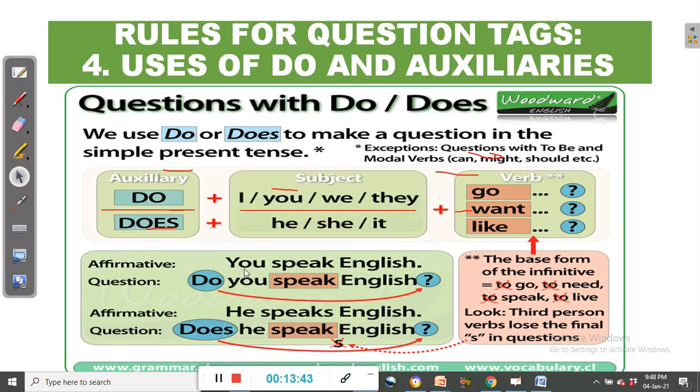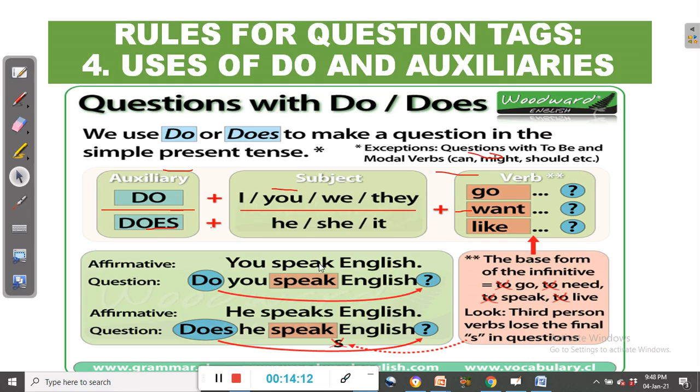Then where we have the positive, you speak English, don't you? All right. You speak English, don't you? That means, do you speak English? Now we use the appropriate form of do because even if we are asking a yes or no question, we use do as well.